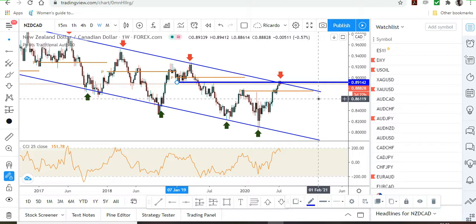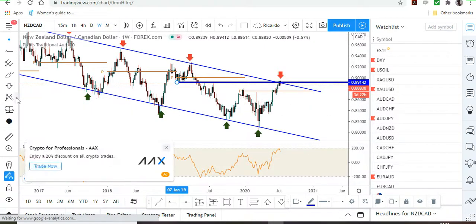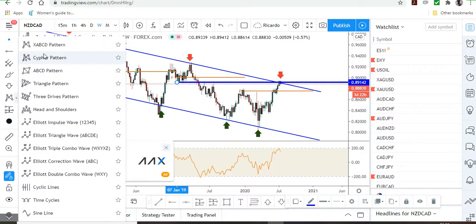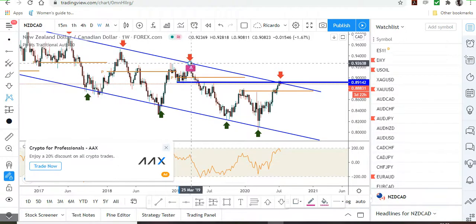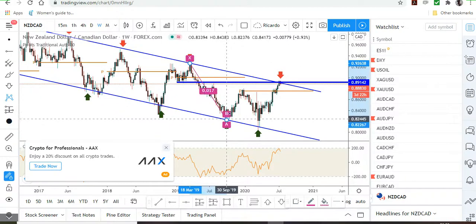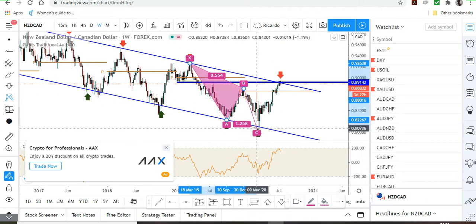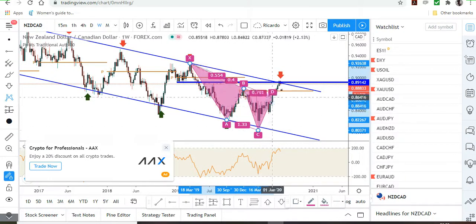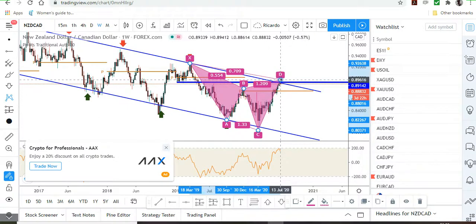In addition to this, there is also a harmonic pattern. There is actually a butterfly harmonic pattern here. Okay, so if we bring in our tool, you can read up about harmonic patterns. There is an X butterfly pattern. So if we go from here, X to A to B to C down here and to D, this is a butterfly pattern.